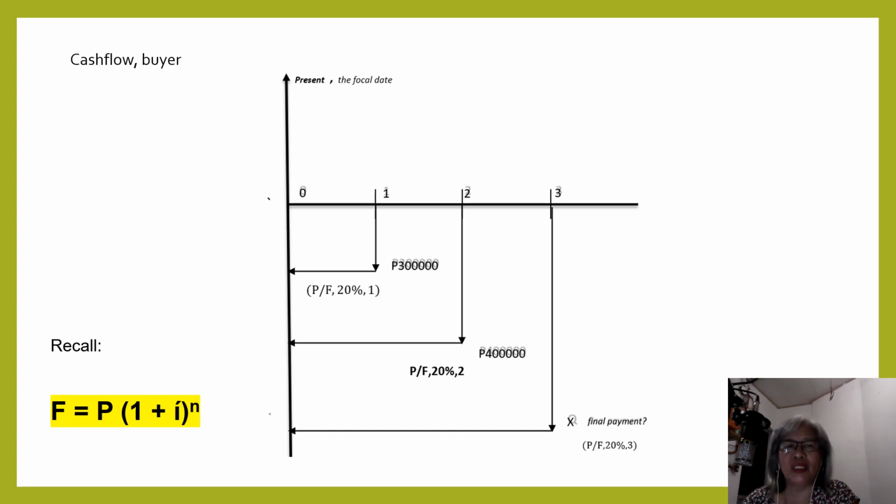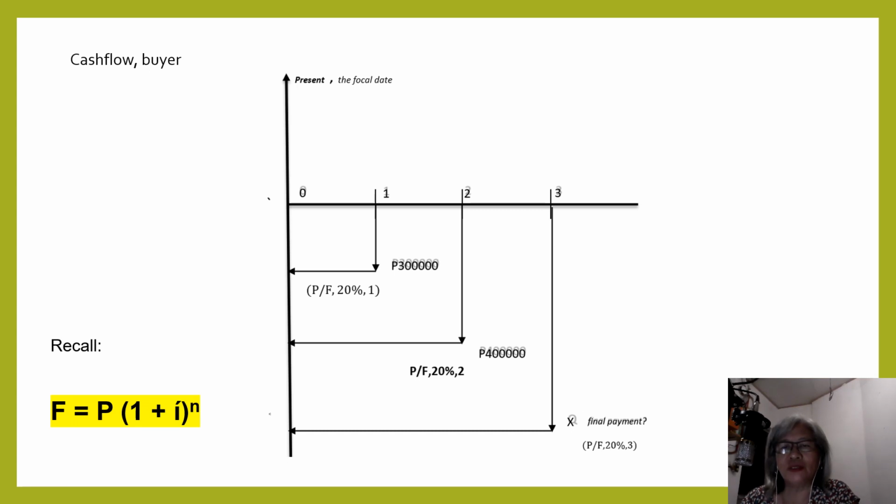From the perspective of the buyer, what should be the present worth of this payment? There are 3 payments: 300,000, 400,000, and the final payment.